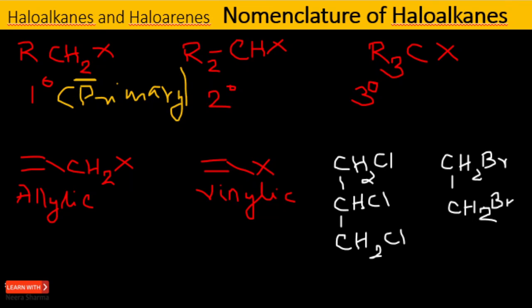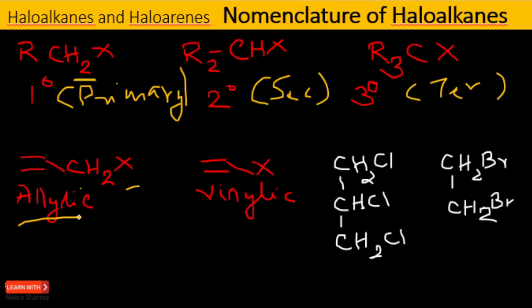If the chain is extending on 2 sides, I have R2CHX, then these are called secondary, and R3CX are called tertiary or 3-degree haloalkanes. If we have halogen attached to the carbon which is attached to a double bond, these are allylic. If the halogen is directly attached to the double bond, these are vinylic.